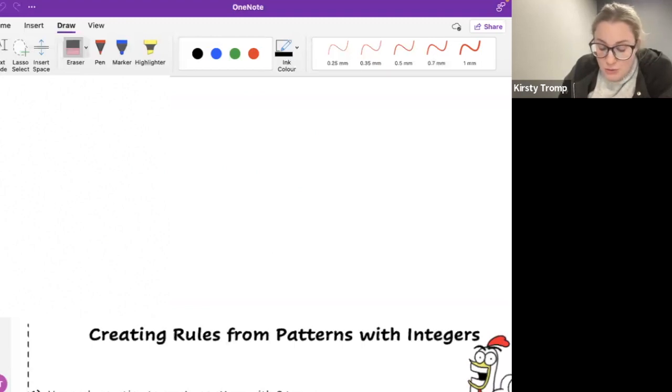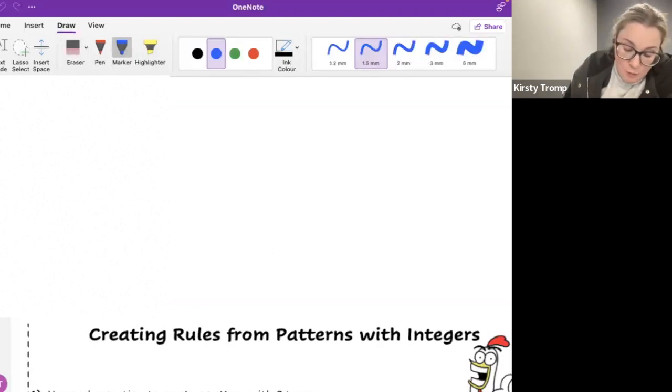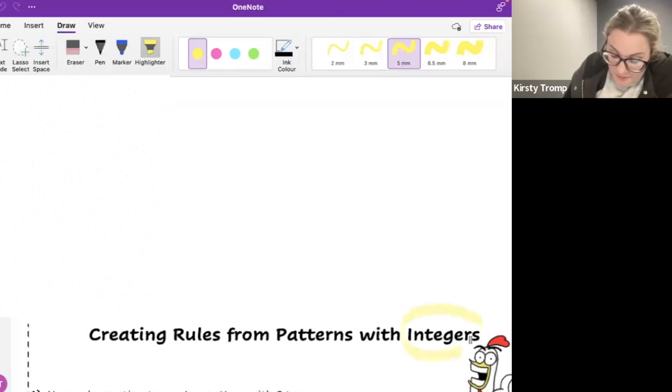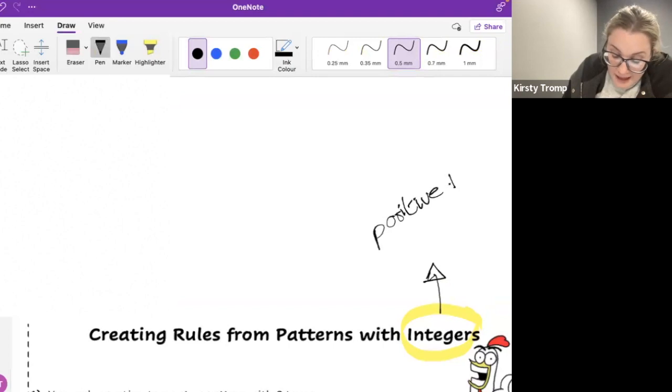Tonight, we're going to look at creating rules from patterns with integers. So I want to start by reminding you of what an integer is. We spoke about integers last week. Remember that integers are not just negative numbers, they are positive and negative numbers.